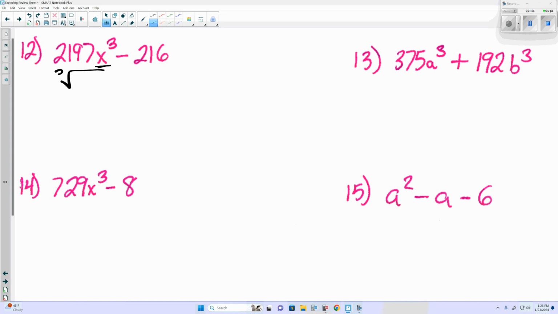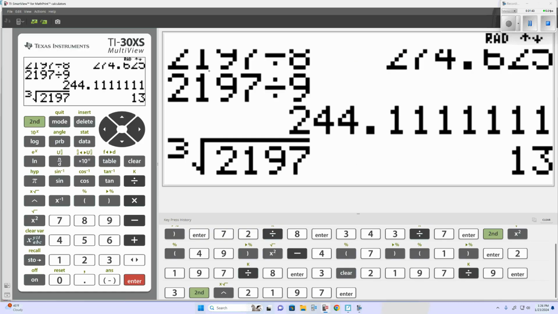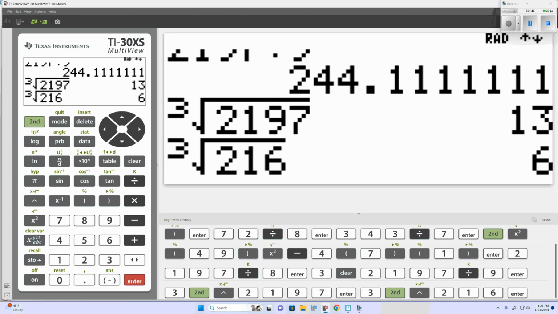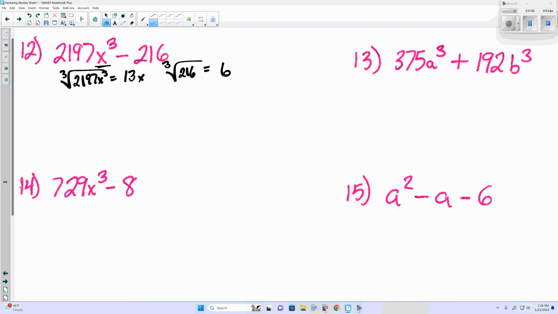We can take the cubed root of 2,197 x to the third, which would be 13x. Now we need to take the cubed root of 216. The cubed root of 216 is 6. So that tells us this is a difference of two cubes.